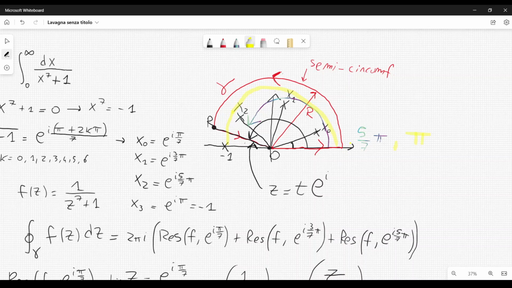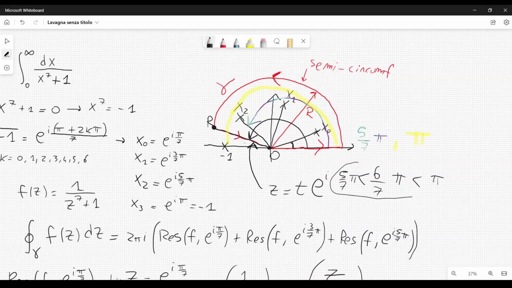We have to choose an angle in between these two. For example, I can choose the angle 6/7 pi because it is greater than 5/7 pi and it is smaller than pi.